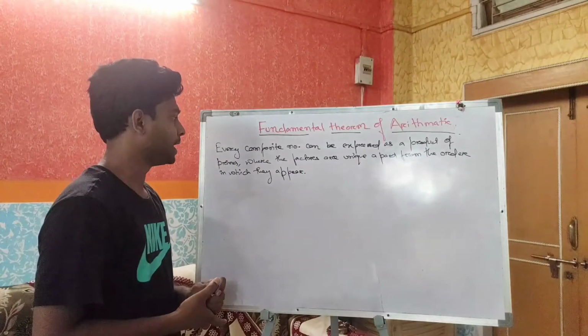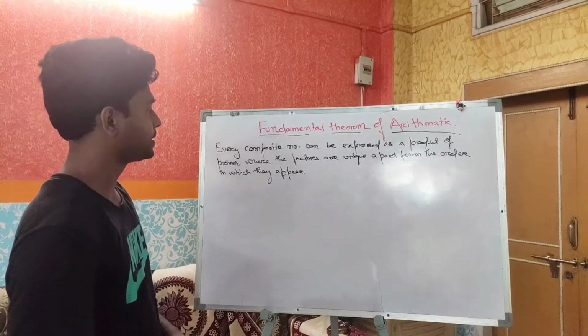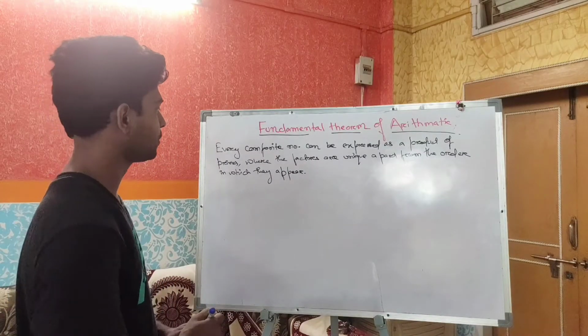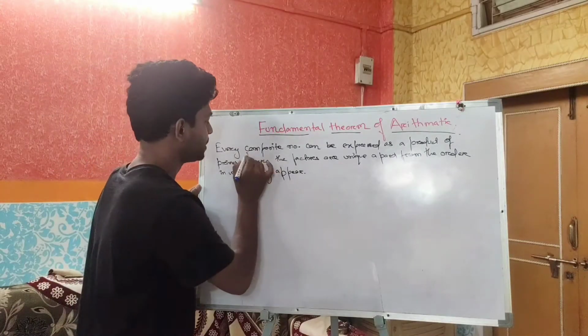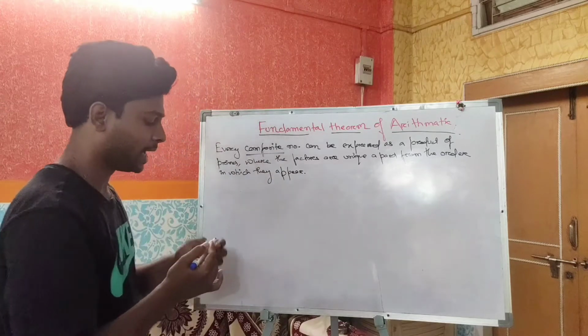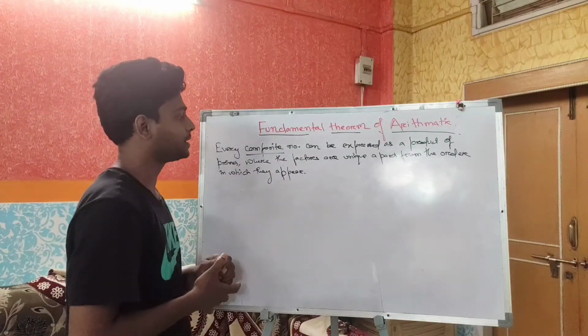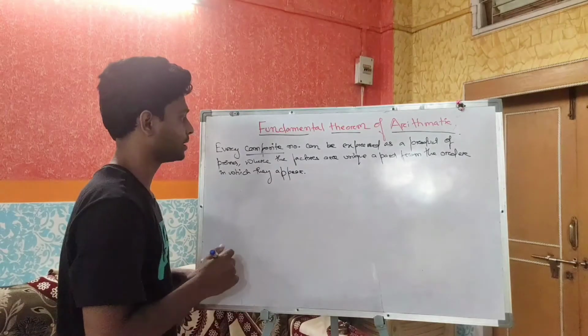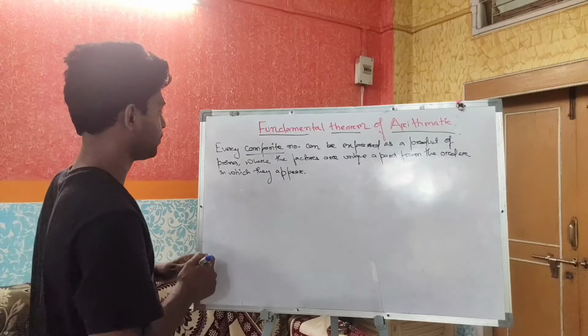It tells us that if we have any composite number, then we must be able to express that composite number as the product of primes. And I think you must be familiar with a composite number. So let me remind you what a composite number is. A composite number is a number which has more than two factors. Let me make you understand with the help of a few examples.